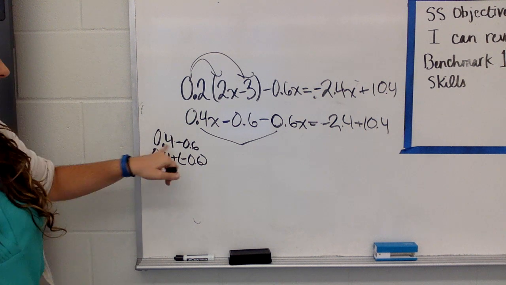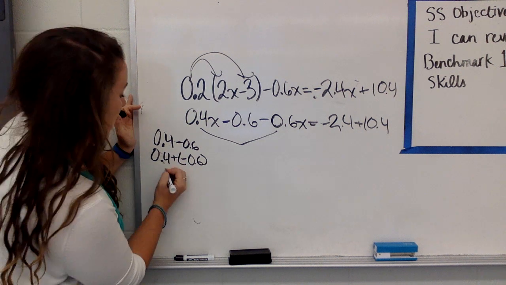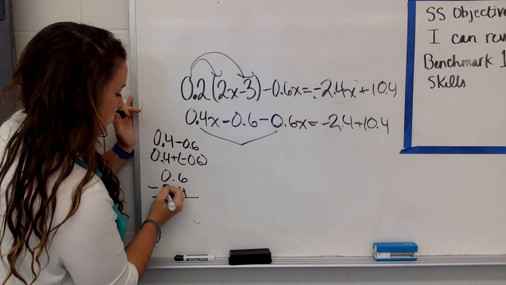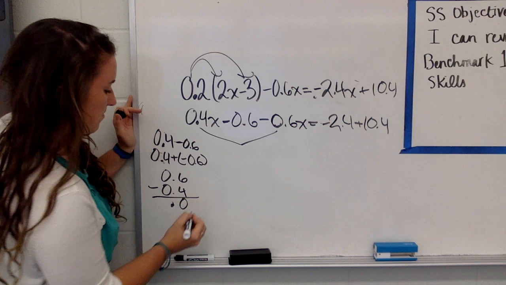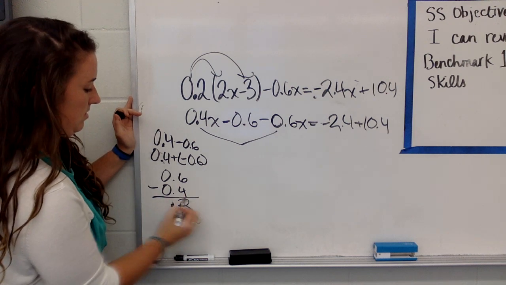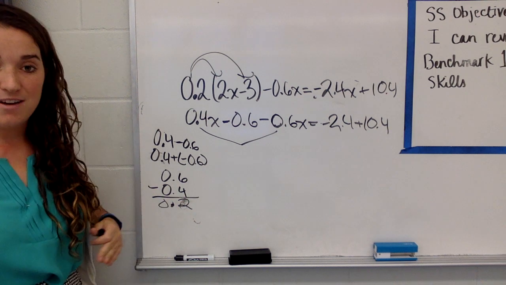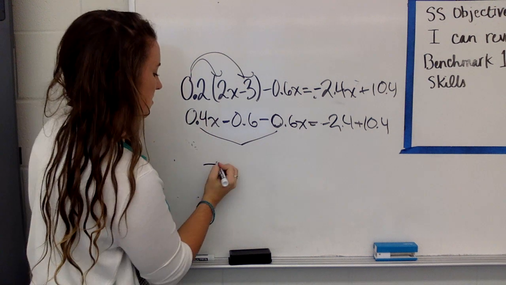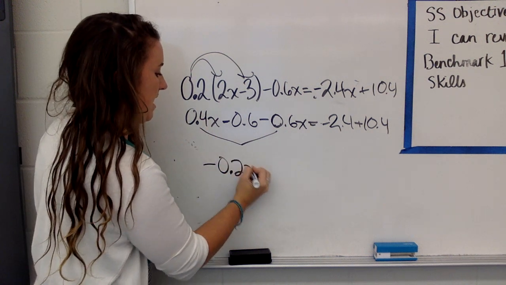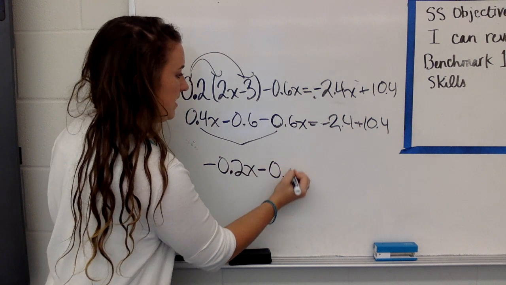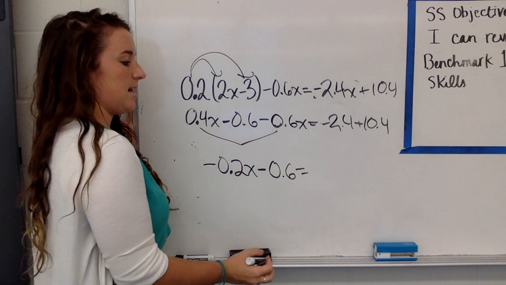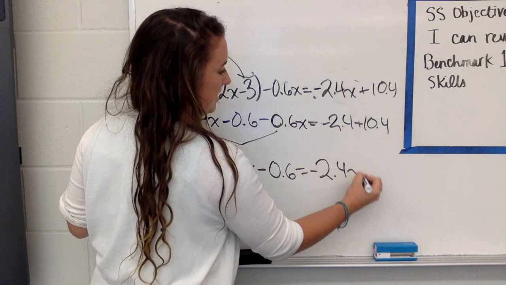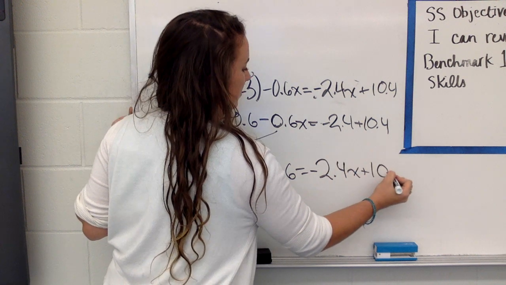Make sure, even though we're subtracting up here, we're subtracting 0.6 minus 0.4. Line up your decimal, you end up with 0.2. It will be negative 0.2. So we have negative 0.2x minus 0.6 equals, on this side, negative 2.4x plus 10.4.